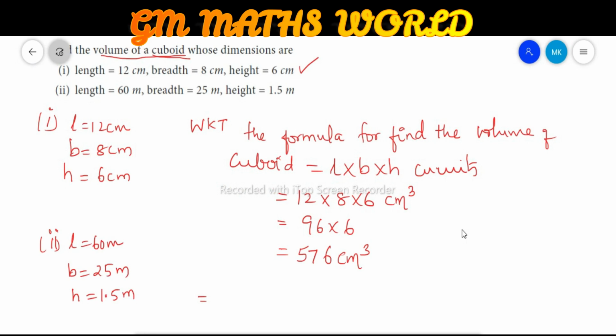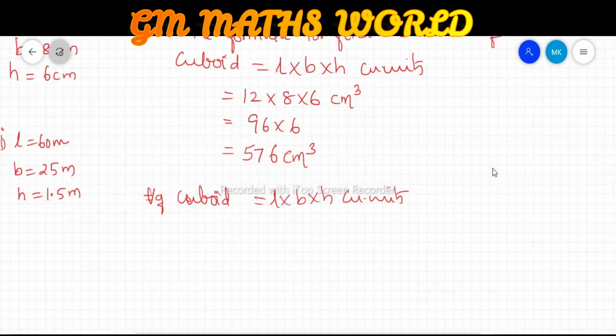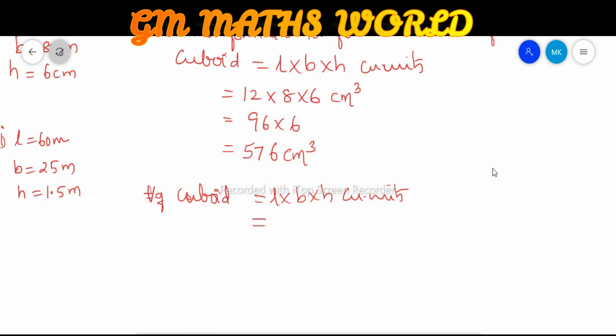So now we have to solve this. Again, the volume of cuboid formula we know: the product of length, breadth, and height in cubic units. So we will find the volume using this formula. So it is 60 into 25 into 1.5 meter cube.